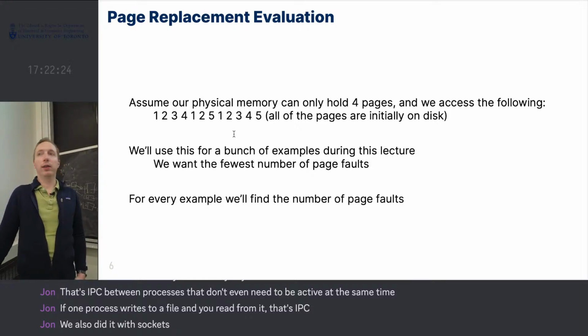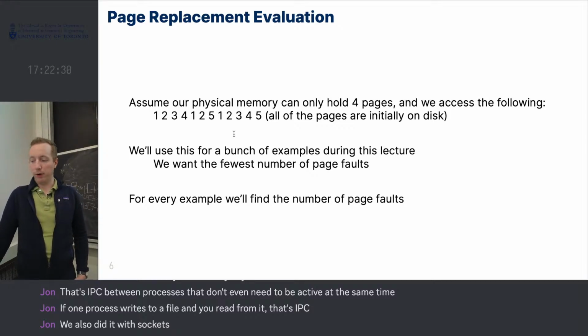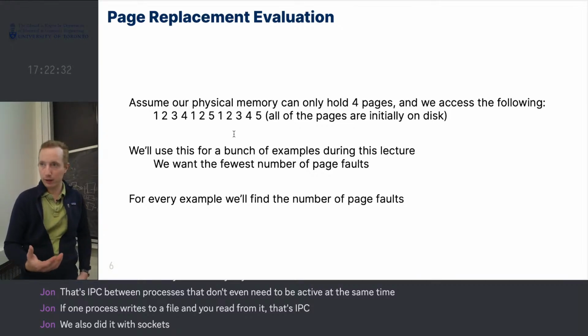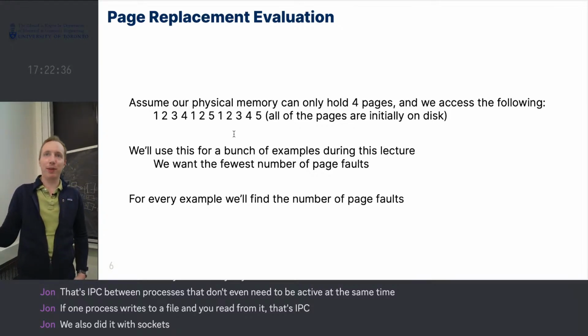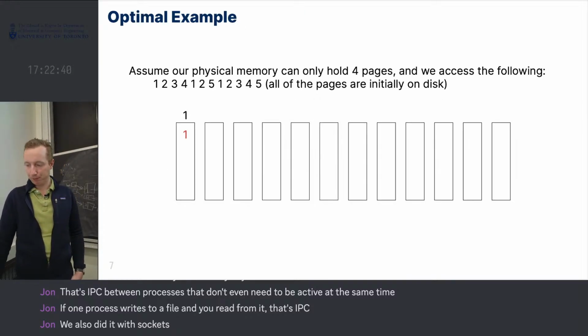Our goal is, well, we just want to reduce the number of page faults because going to a disk is slow. So for every example, all we're going to do is find the number of page faults, lower is better. So any concerns about that? Hopefully fairly straightforward. So in this case, assume our physical memory can hold 4 pages.